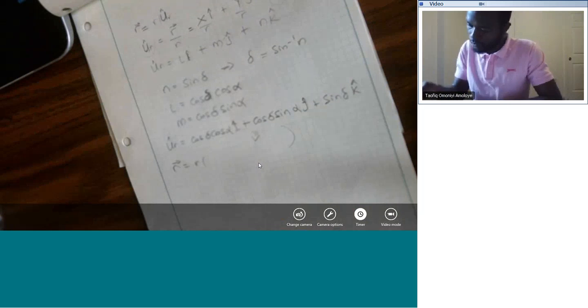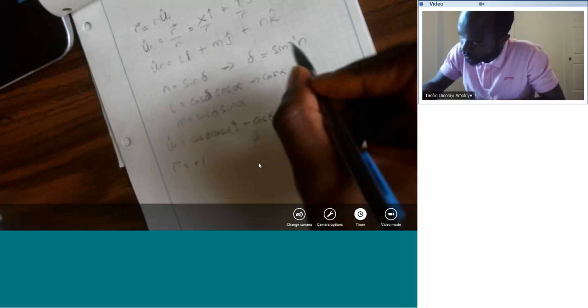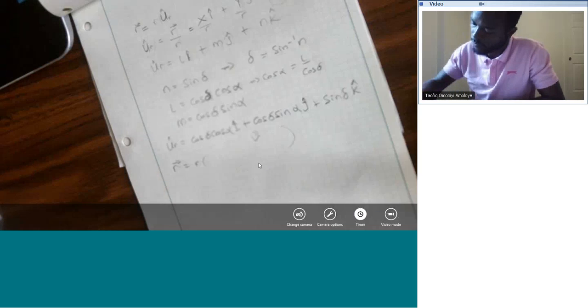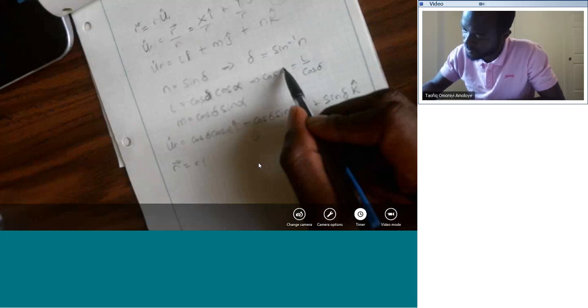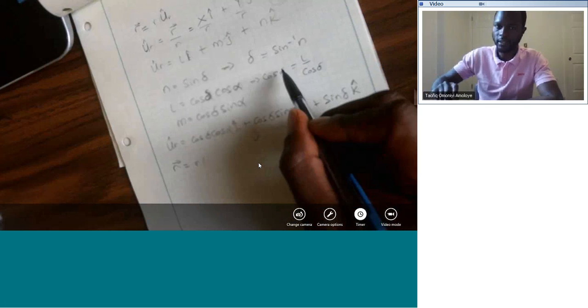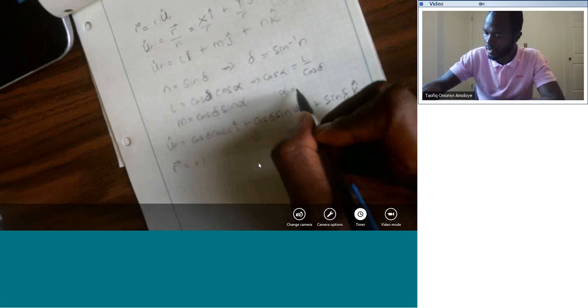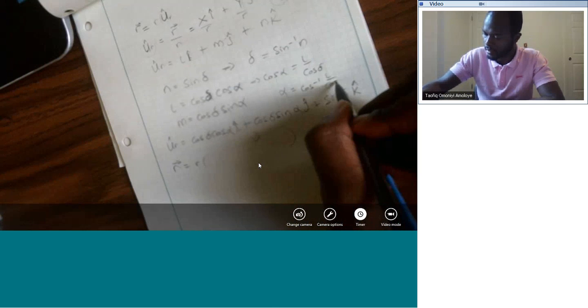And then we see that cos alpha is equal to L over cos delta. So obviously we can find the right ascension from that. That is, the right ascension alpha equals arc cos of L over cos delta.